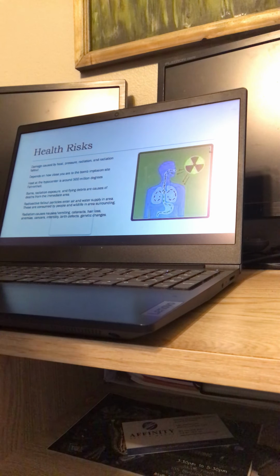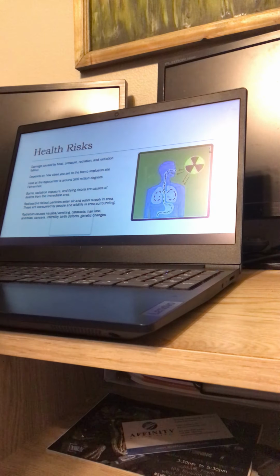And we can see all of this whenever we look at different areas where nuclear bombs have been detonated. We see higher cancer rates, more birth defects, more genetic changes, things that we can see.